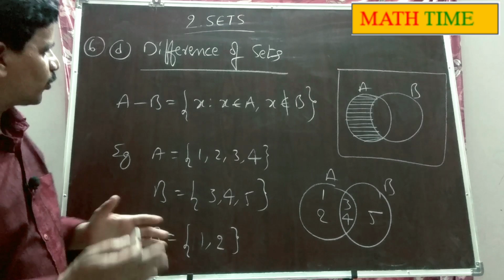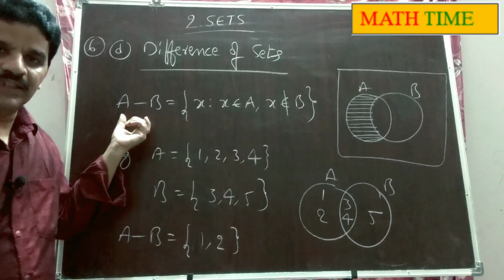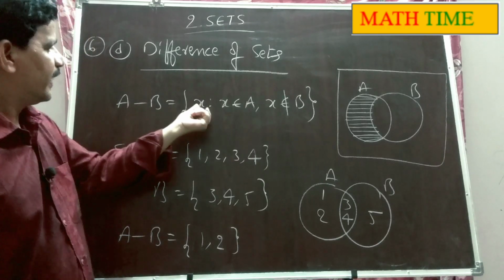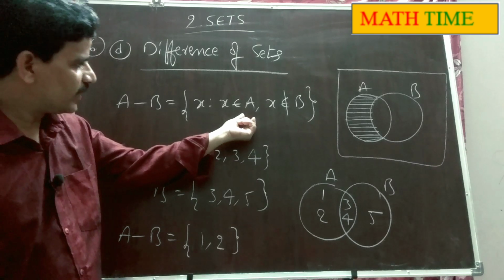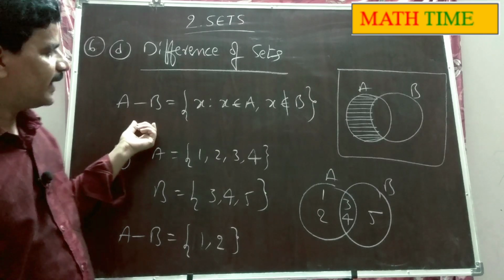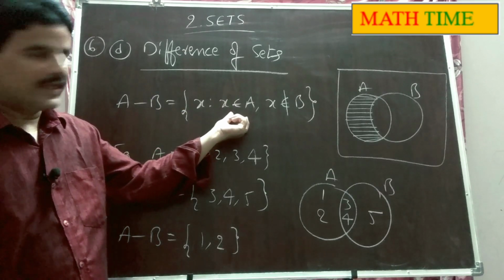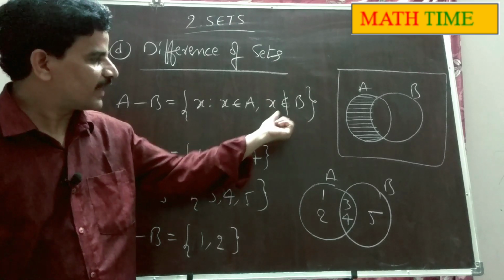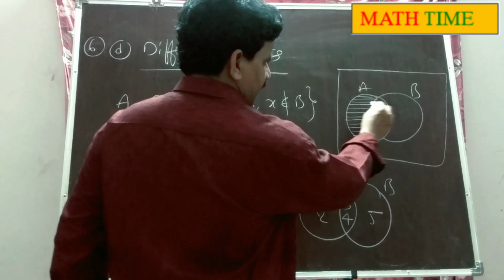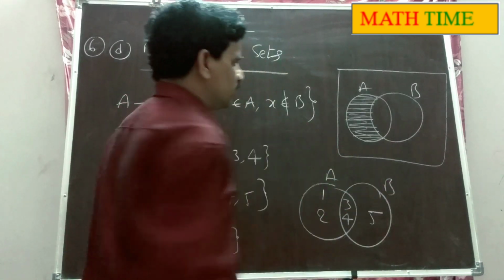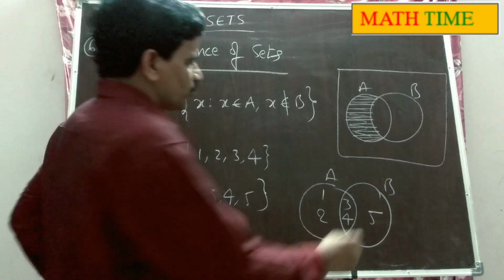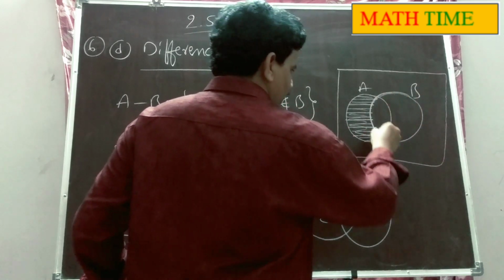Whenever A and B are two sets, the difference of sets is denoted by A minus B, which is also a set which contains X such that X belongs to A and X doesn't belong to B. Means A minus B contains the elements of only A which do not belong to B. So this area, not the intersection part, only this shaded region is A minus B. In this, B elements should not be taken.